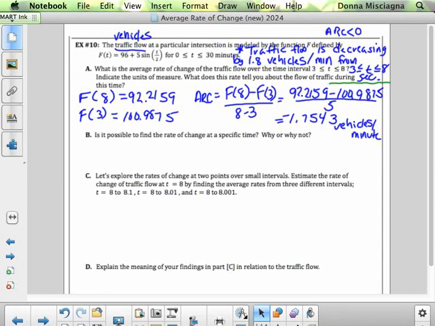Is it possible to find the rate of change at a specific time? Why or why not?